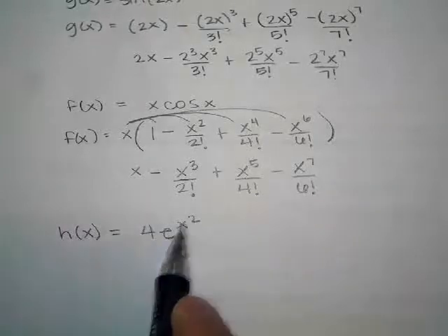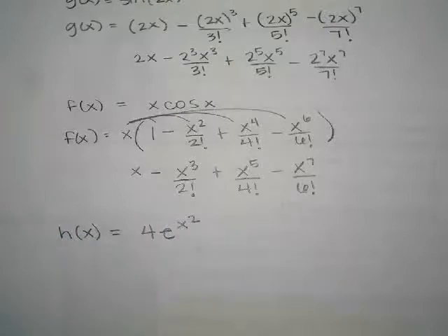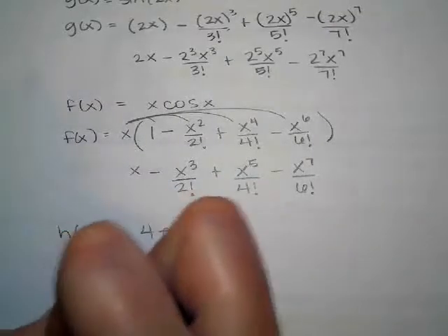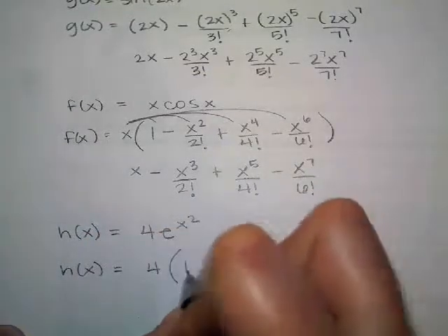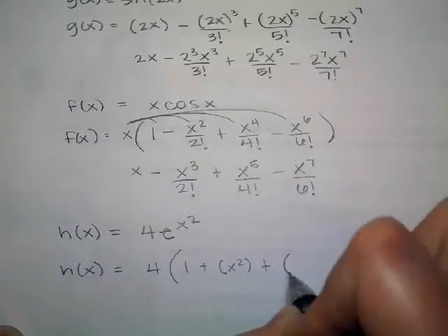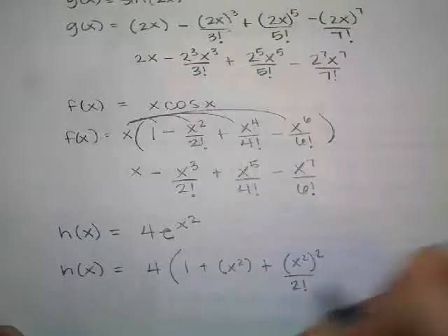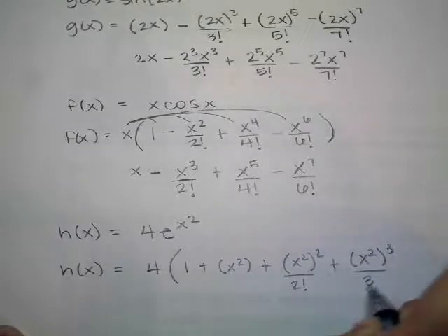So h of x is 4 times 1 plus x squared plus x squared squared, over 2 plus x squared to the 3rd over 3. And then that's 4 terms. So I've got 4, and then I plugged in x squared.